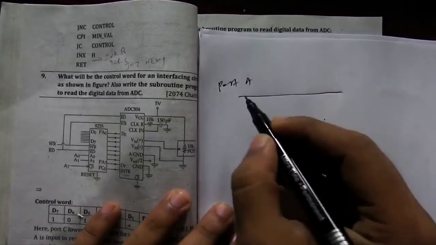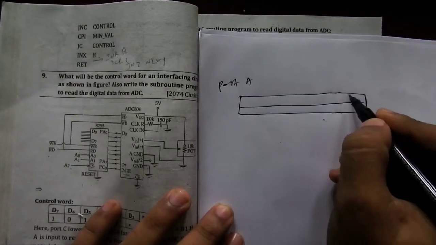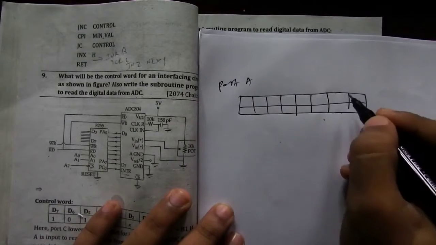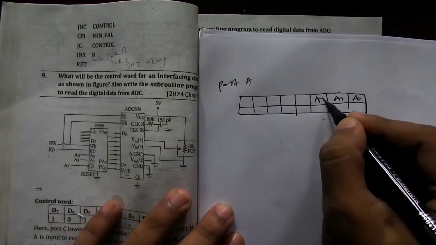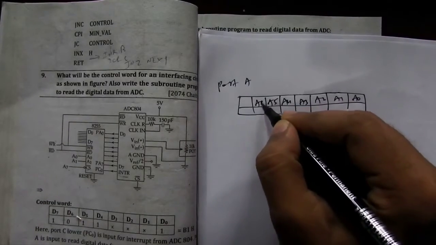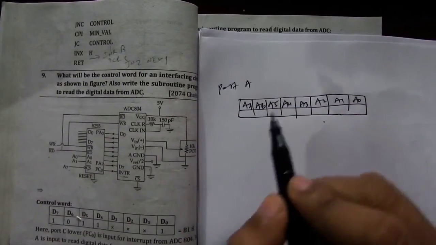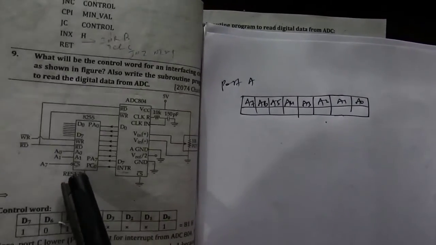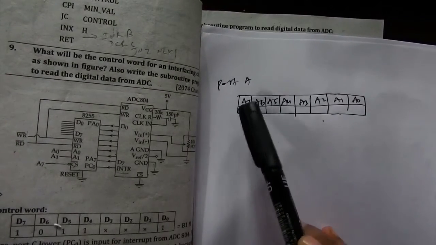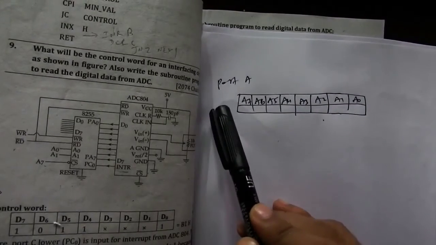This will be port A. Now I have written up to A7 because as you can see here that chip select is connected with A7, so I have written up to A7, but if it is connected with A15, then you need to write up to A15.